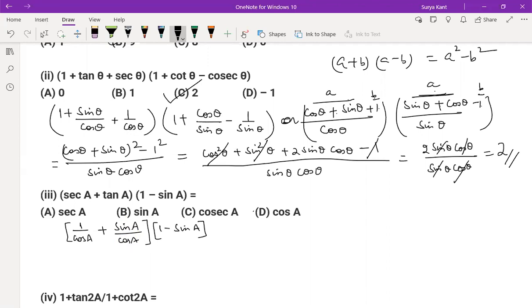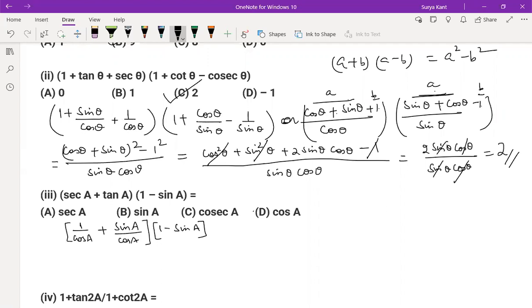Suppose you are writing tan A in the form of sin A by cos A, right, Javian? Yes, sir. In the same way, if it is cot A, then what can you write for cot A? Do you know or not? If you don't know, I'll move further. Tell me. Javian, tell fast.